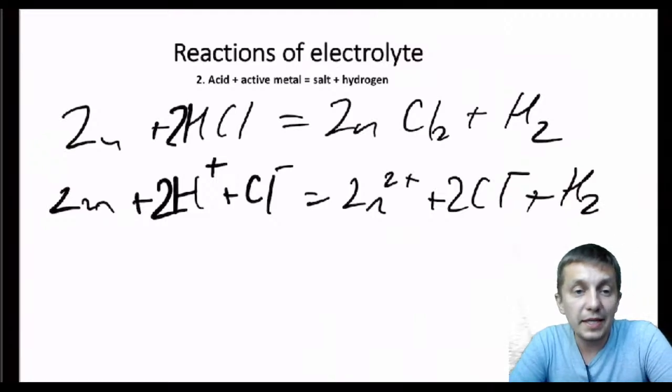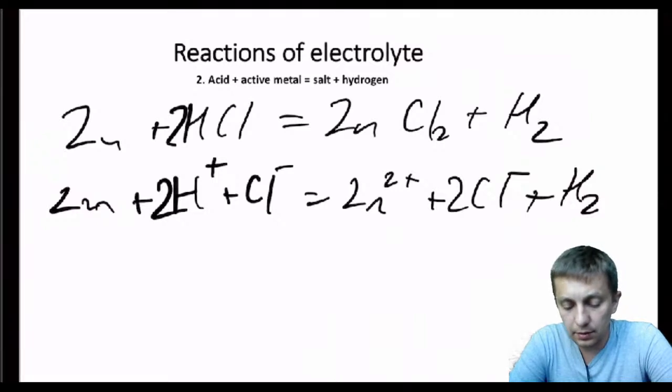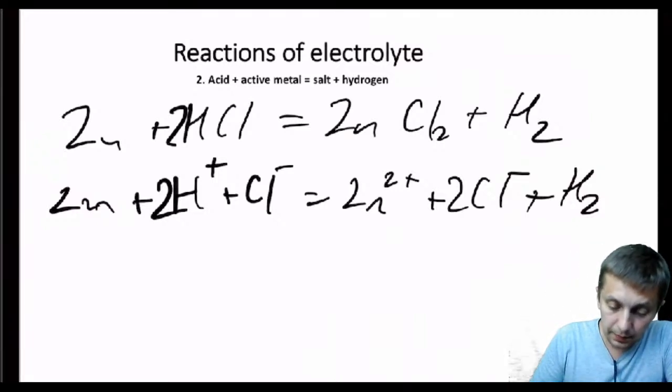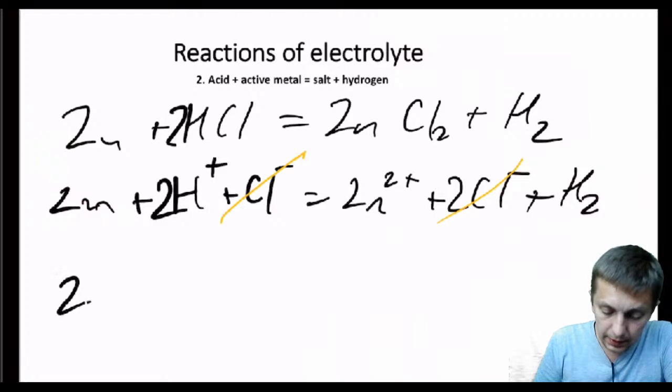So we split into ions only strong electrolytes, and strong electrolytes are strong acids, strong bases, and soluble salts. And if we simplify and cross out everything equal on the left and right side, we get the net ionic equation for this reaction.